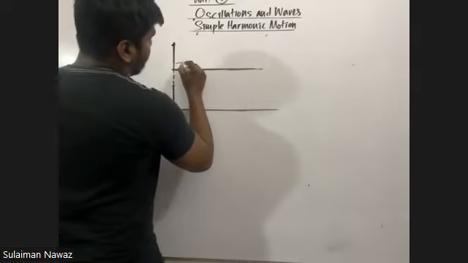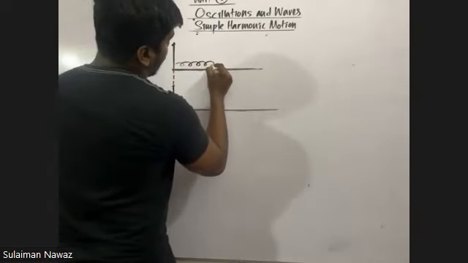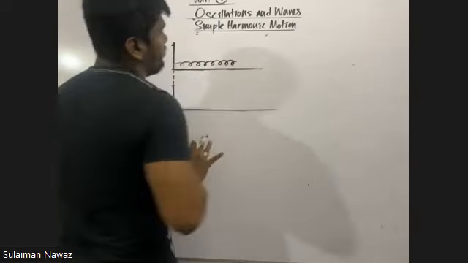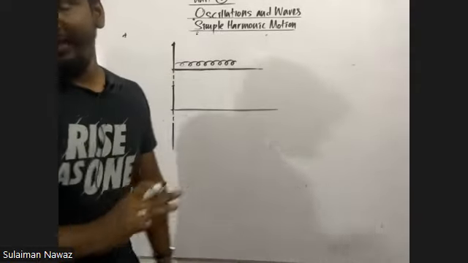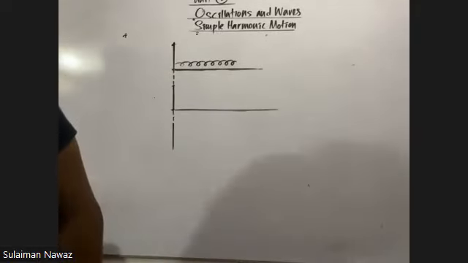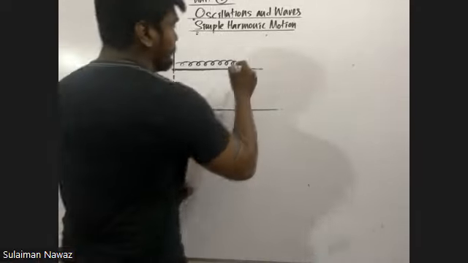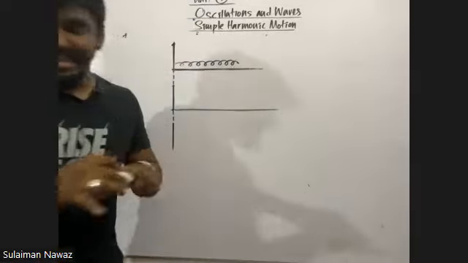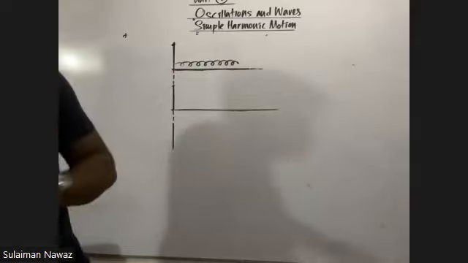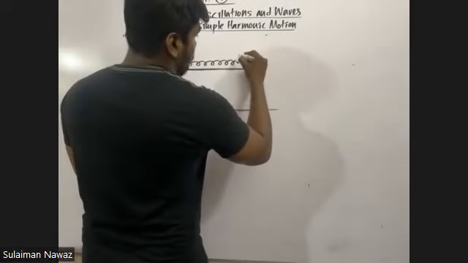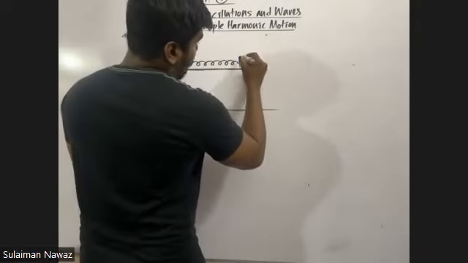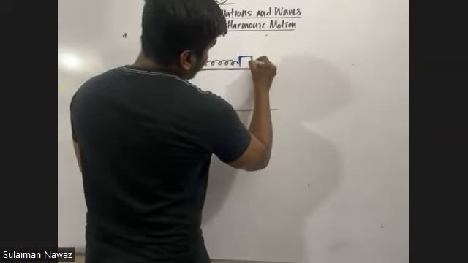Now that's a spring. Initially the spring is at its natural length. Now an object of mass m is connected to this spring.